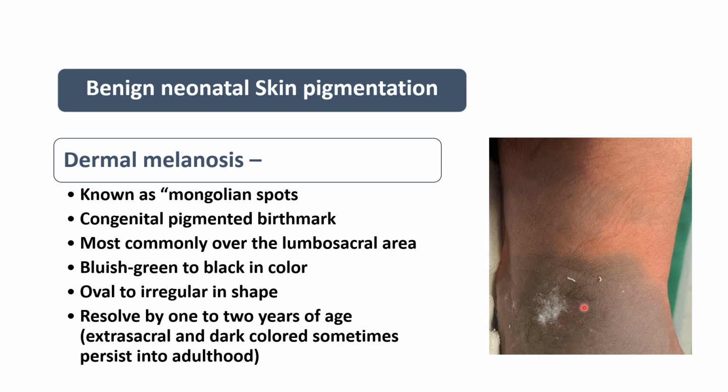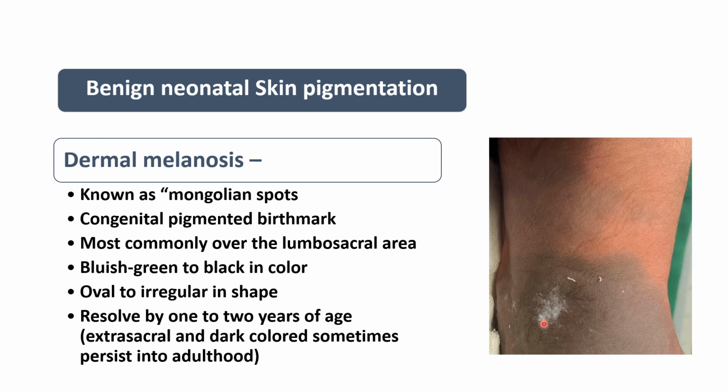Here in this image you can see a pigmented macular lesion over the trunk, present here also. So these are Mongolian spots, also known as dermal melanosis. These are congenital pigmented birthmarks and most commonly present over the lumbosacral region. And these are bluish green to black in color.